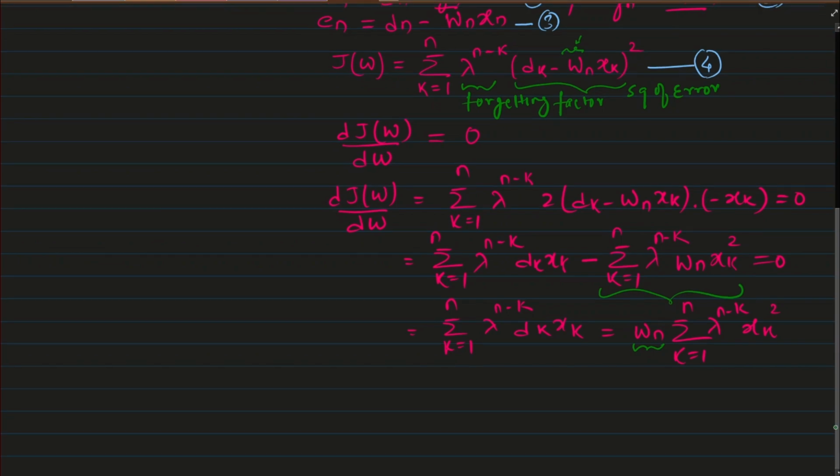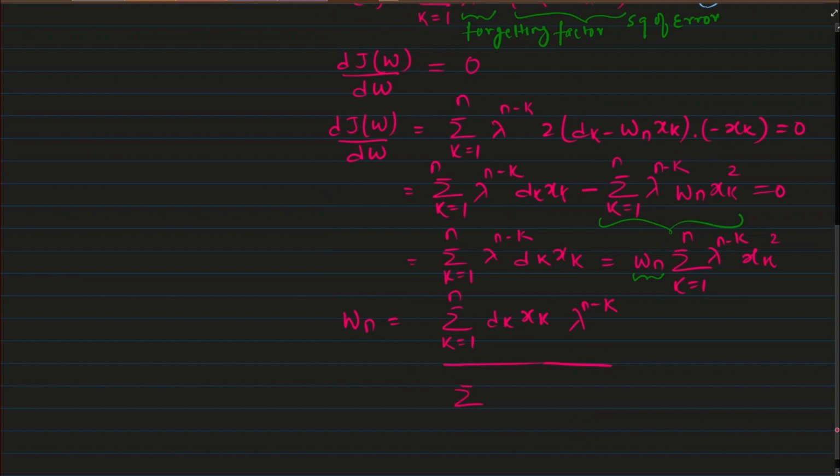So I can rewrite this whole expression as the sum of d(k) x(k) lambda^(n-k) divided by the sum of x squared times lambda raised to the power n minus k.